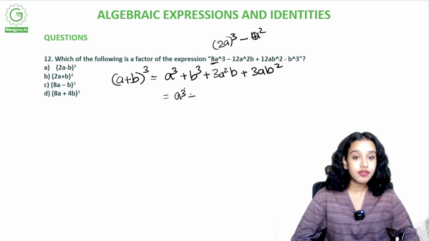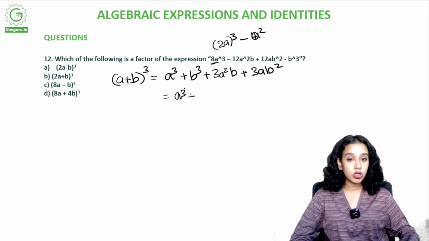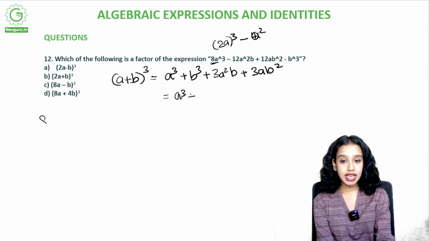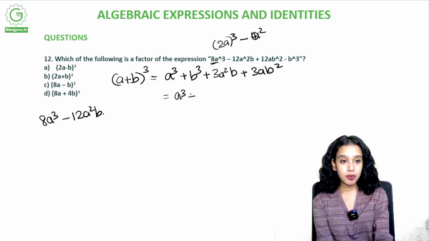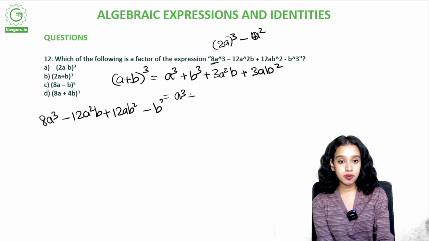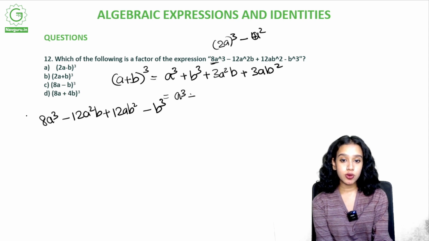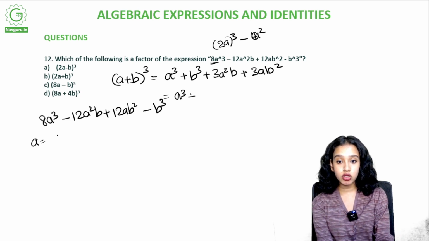So, when we are factorizing this, what do we get? We have 8a cube minus 12a square b plus 12ab square minus b cube, right? So, what do we get here? We get a is equal to 2a here and b is equal to b. So, what is 2a plus b the whole cube?